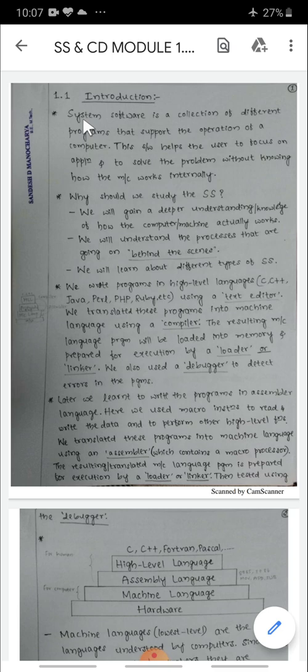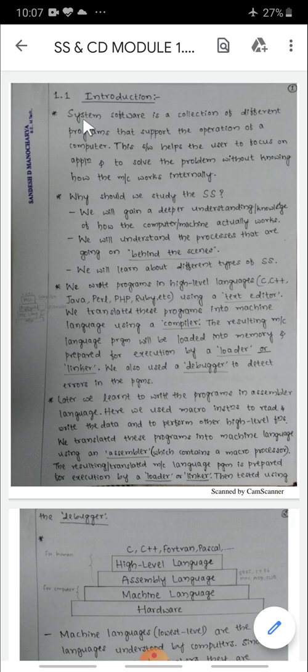Application software, as its name itself says, is a collection of programs developed and used based on a particular requirement or need of a user. Here the user wants to solve a problem by using an application.